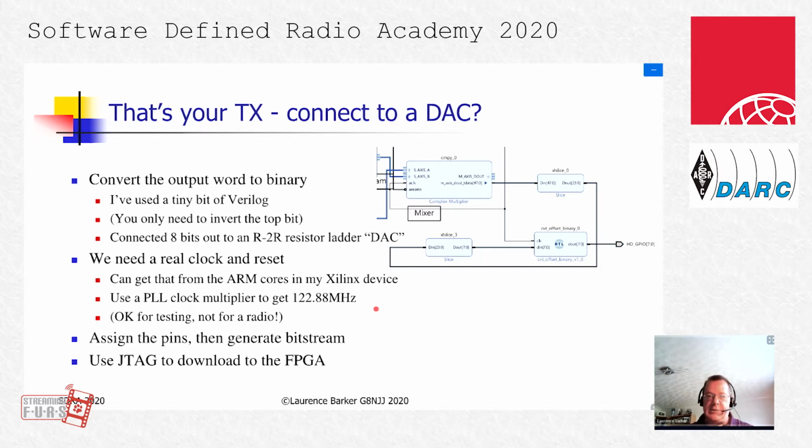You need to connect that to I/O pins, generate a bitstream, and you can then use a JTAG interface to download that into the FPGA. On a Xilinx Zynq device, you also need to be running code on the ARM processors themselves, so you have to create a little Hello World application, but the Xilinx tutorials will tell you how to do that.